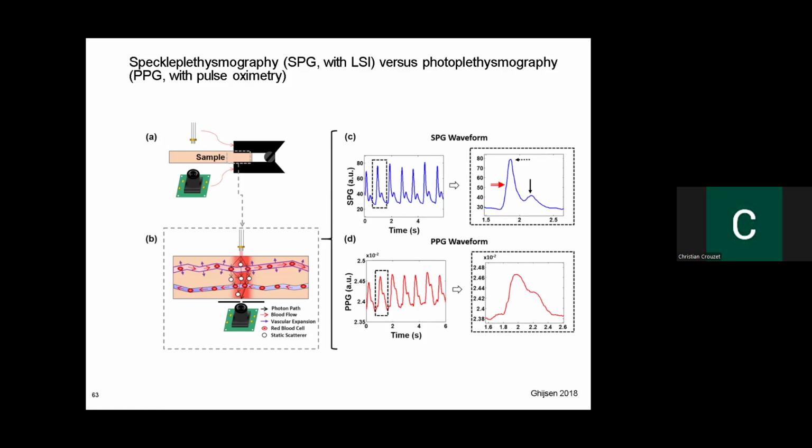The SPG looks at the flow signature due to the speckle fluctuations, where the PPG signal is an absorption-based contrast method. The SPG has a much sharper peak. This down here is the dicrotic notch, whereas the PPG is much more broad over time. It still has a dicrotic notch, but with much smaller resolution before it decreases.